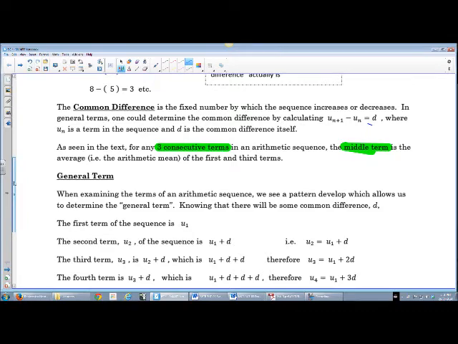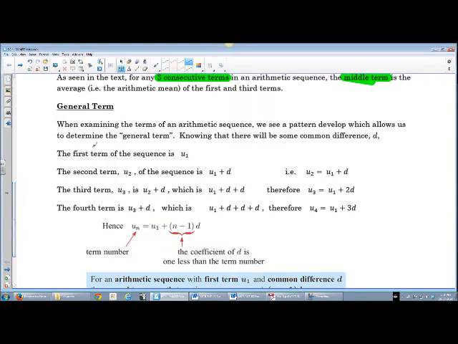The general term. When examining the terms of an arithmetic sequence, we see a pattern develop which allows us to determine the general term. Knowing that there will be some kind of common difference, the first term of the sequence is u sub 1. The second term, u sub 2, is u sub 1 plus d.